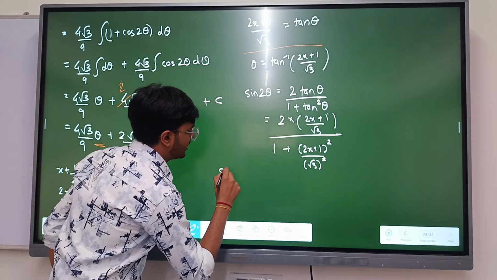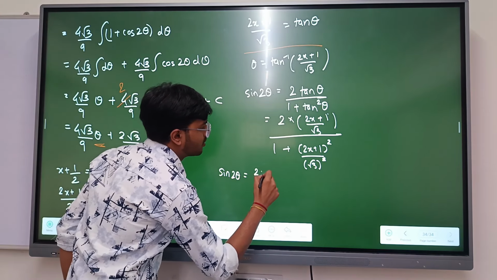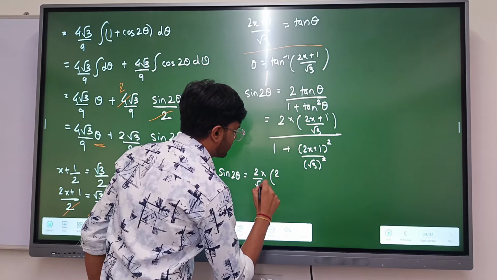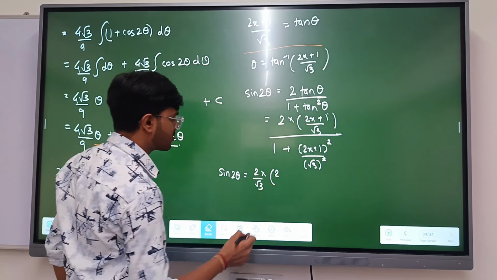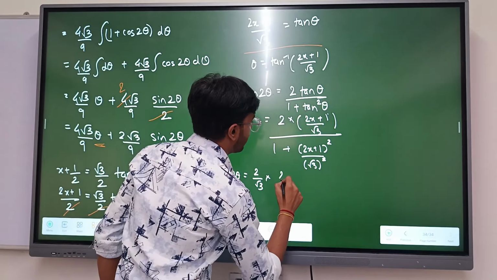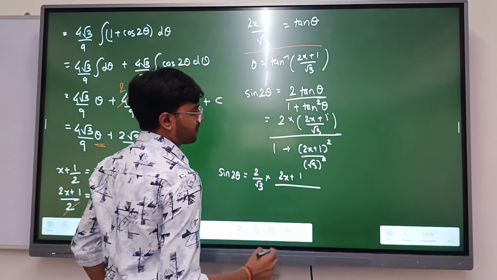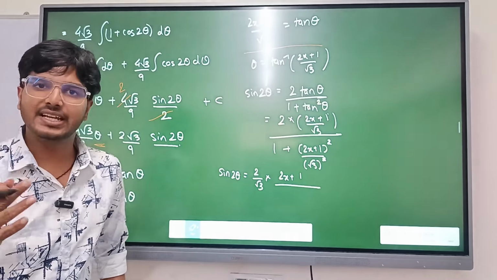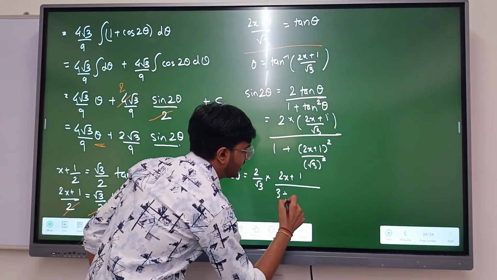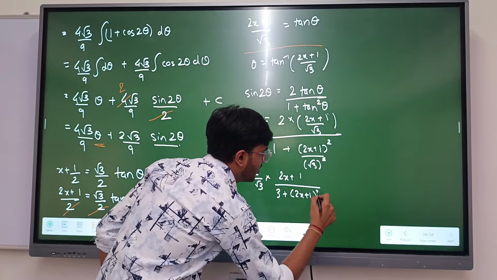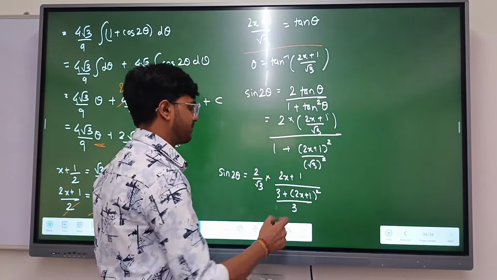If I take LCM it will be (3 plus (2x plus 1) whole square) divided by 3.